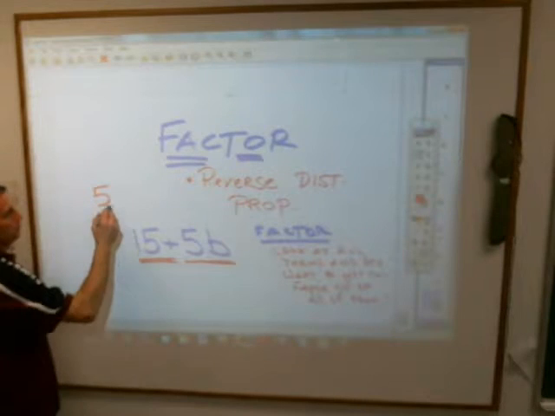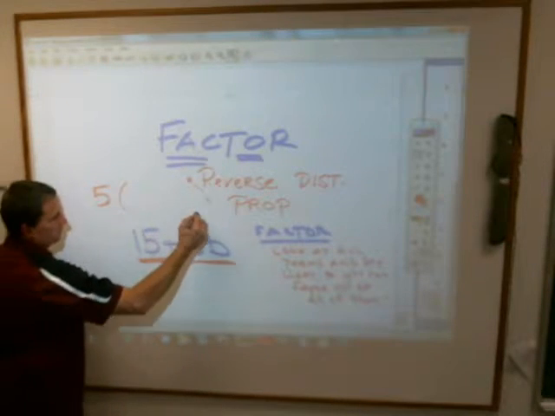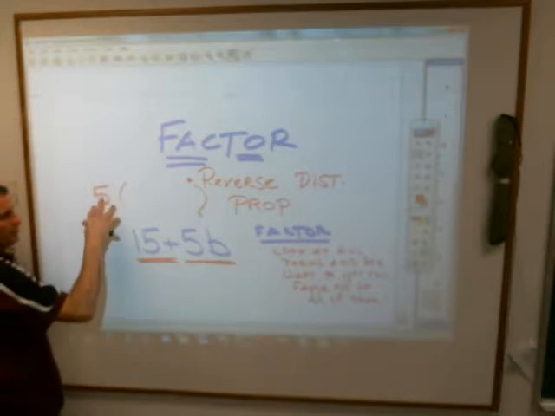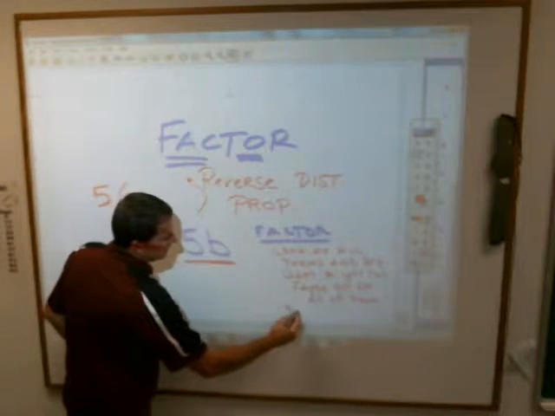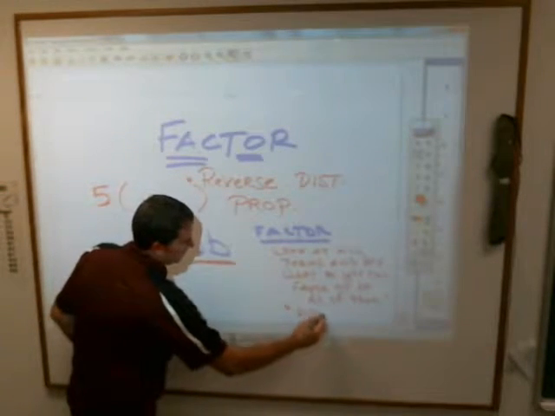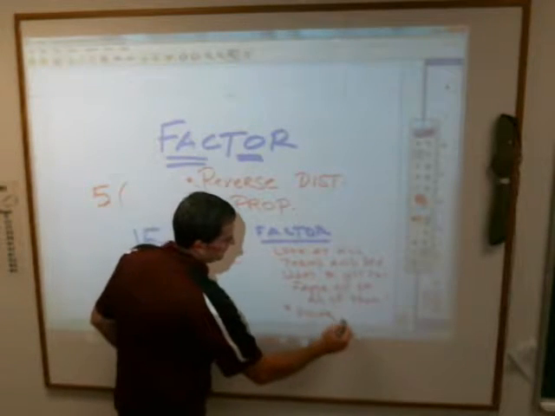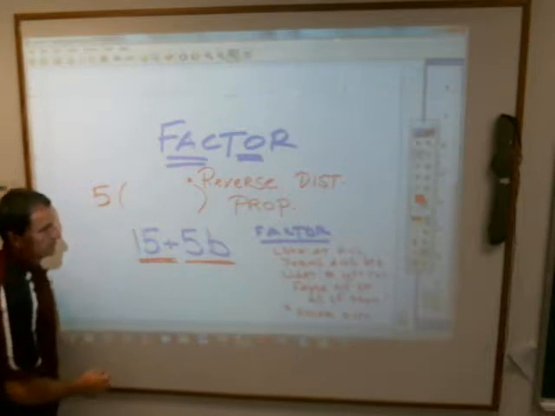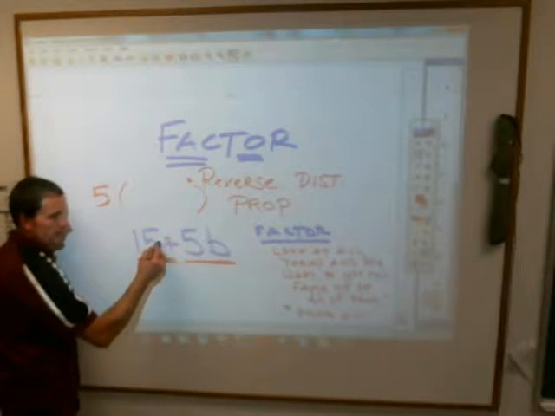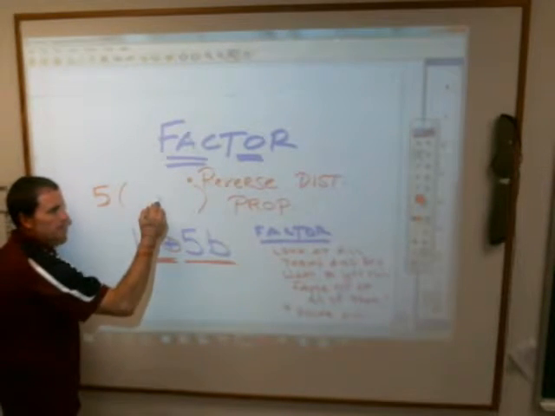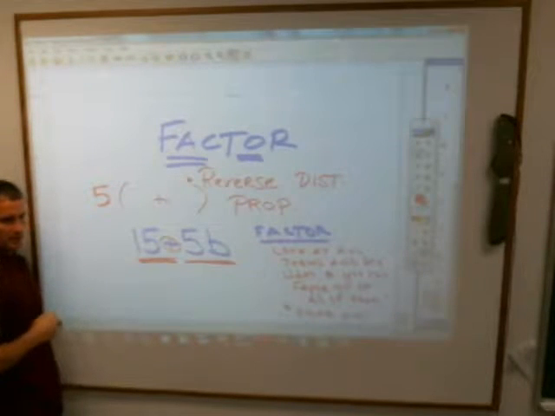Then you put a parenthesis down because we're doing the reverse distributive property. We're taking a number out and ending up with a parenthesis. Then you need to divide that number out or factor it out. It doesn't matter what you call it. So it'll look like this. If there is a plus or minus sign in there, there's going to be a plus sign there or a minus sign, depending on what it is.